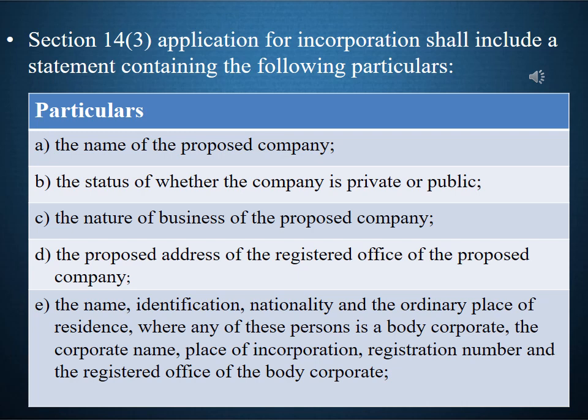First of all, the name of the proposed company, status, whether it's private or public, nature of business, proposed address, name, identification, nationality, ordinary place of business, ordinary place of residence, where any of these persons is a body corporate, name, place of incorporation, registration number, and registration office of the body corporate. Other than that, there are a few other things as well that you need to consider.